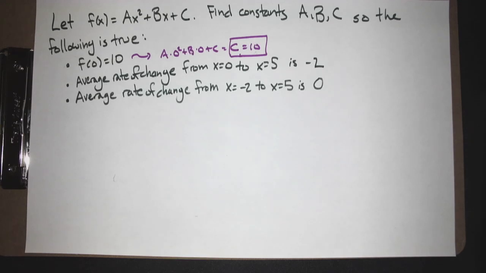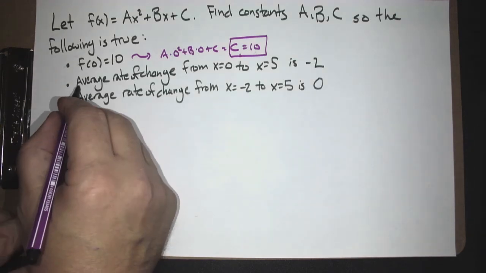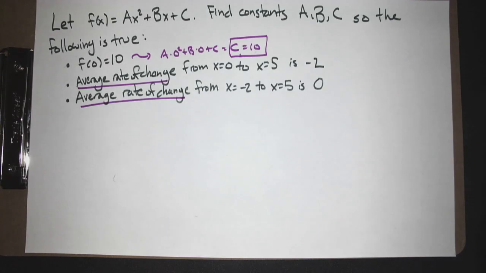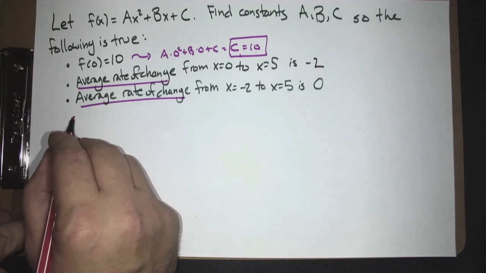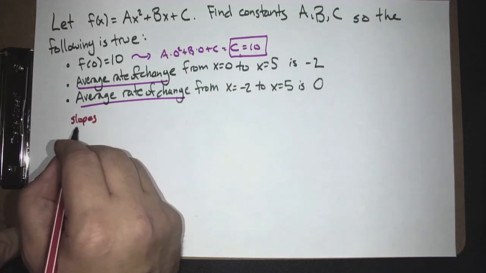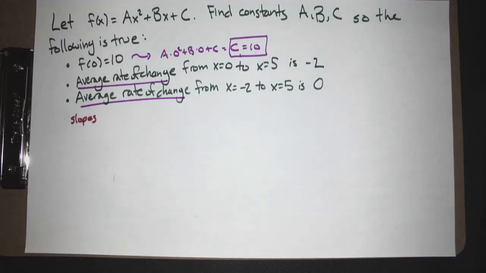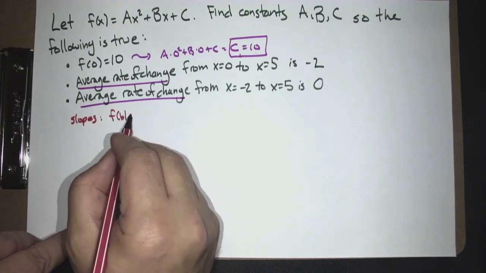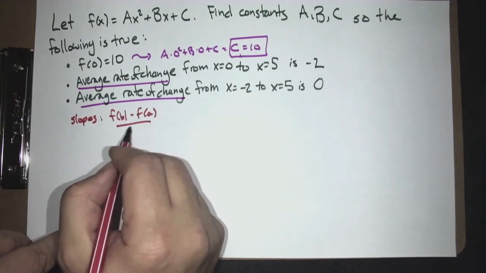All right. Average rate of change. When you see average rate of change, what do you think of? It's like the slope formula. So these are slopes. So in particular, it's f of b minus f of a over b minus a.